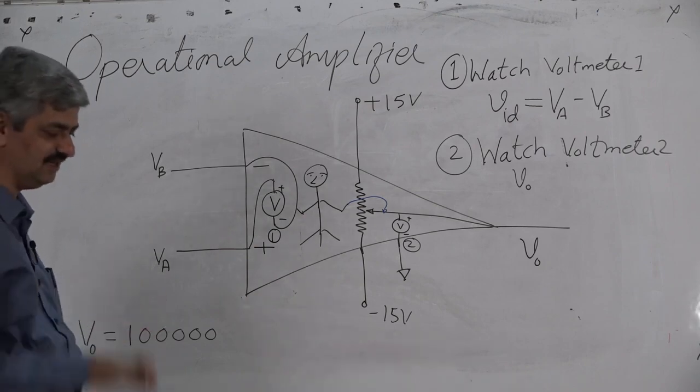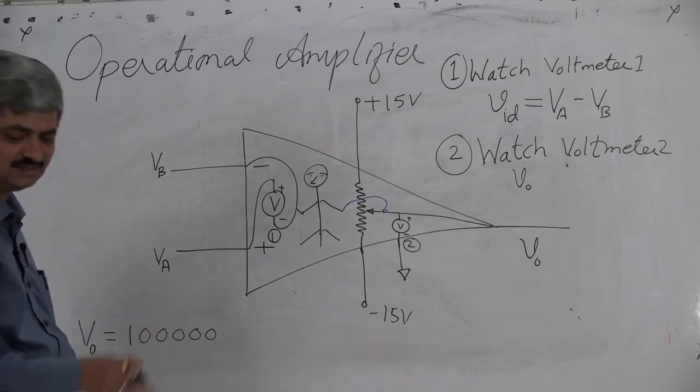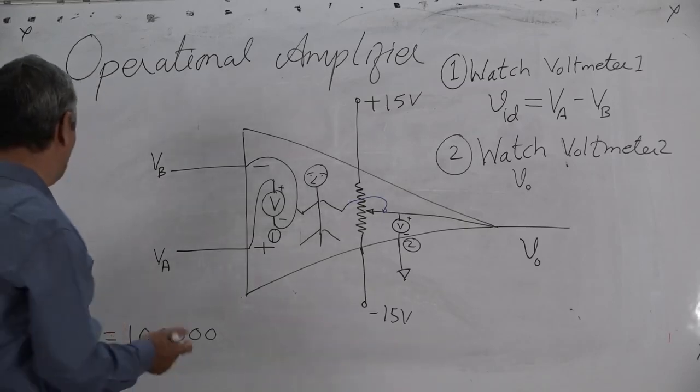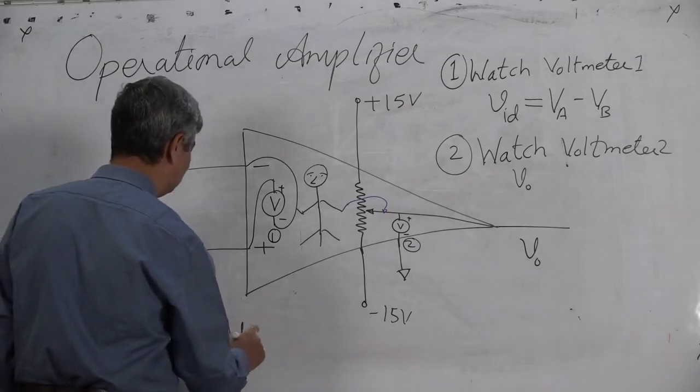It is called the differential gain, but if we talk only in terms of variables and symbols, our understanding is limited. So VO is equal to 1 lakh into VID. So what you do?